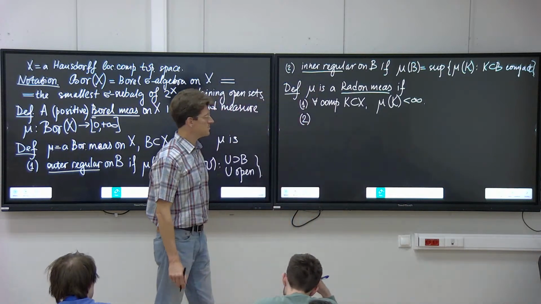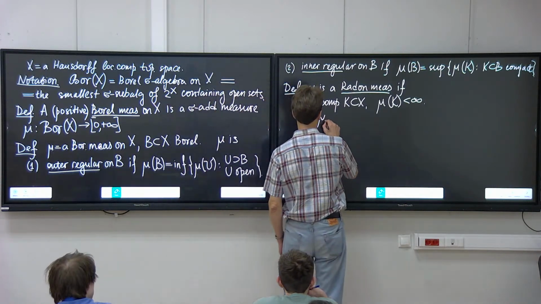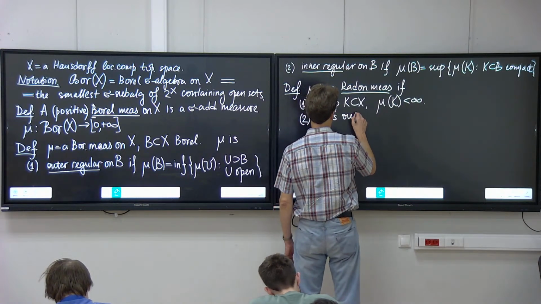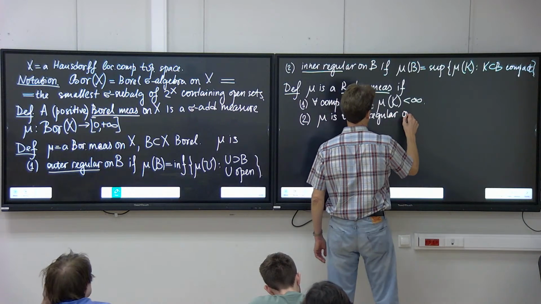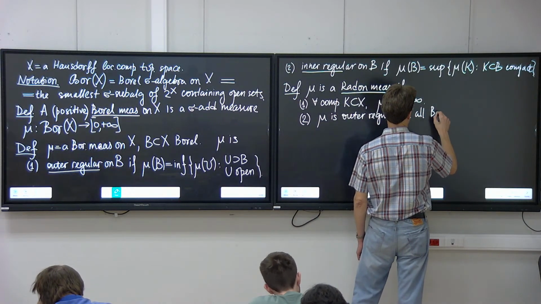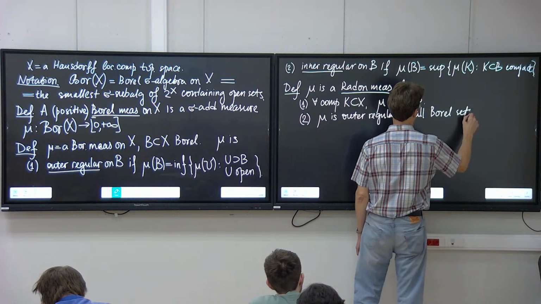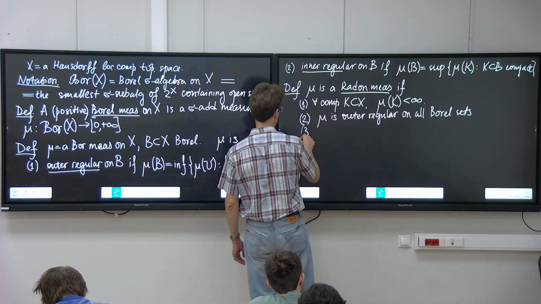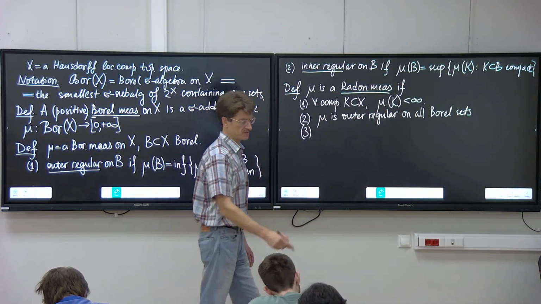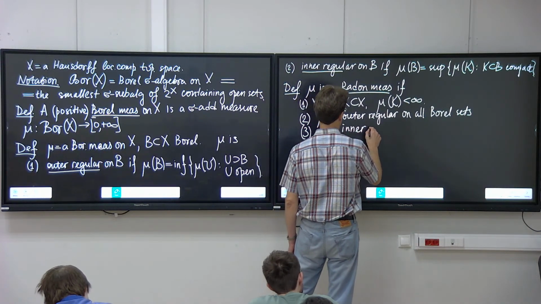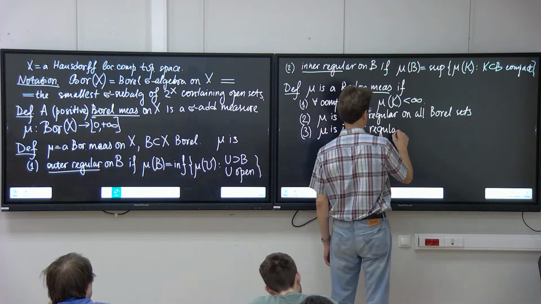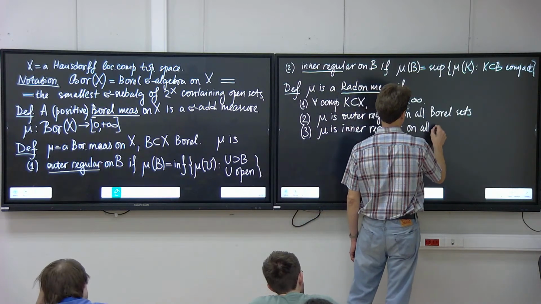Property 2 is that mu is outer regular on all Borel sets. And finally, property 3 would require that mu is inner regular on all open sets.